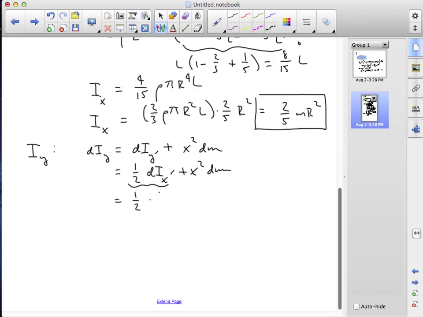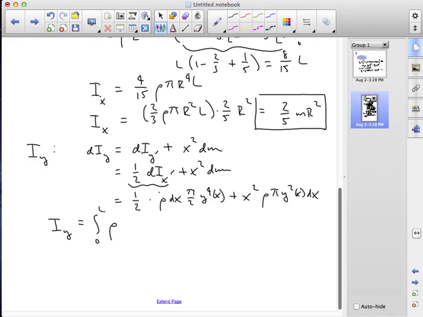And remember that dIx prime was rho dx, rho times thickness, times the area moment, which was pi over 2 radius to the fourth. Plus we have x squared, and the mass increment is density times cross-sectional area of the disk times its thickness dx.